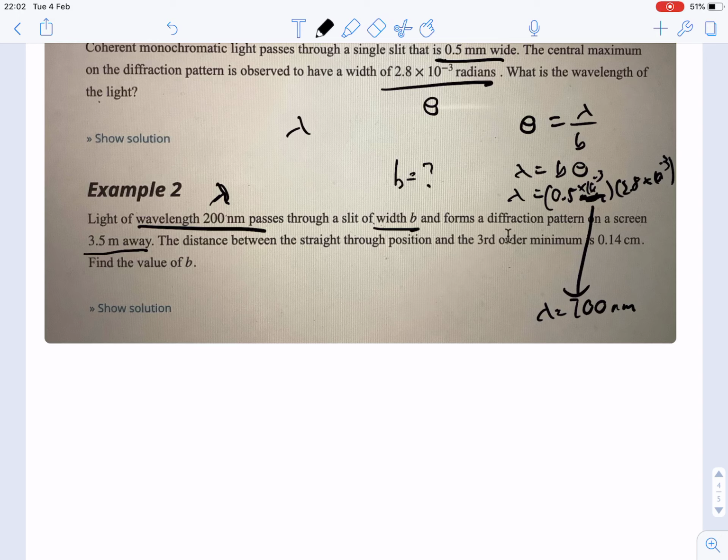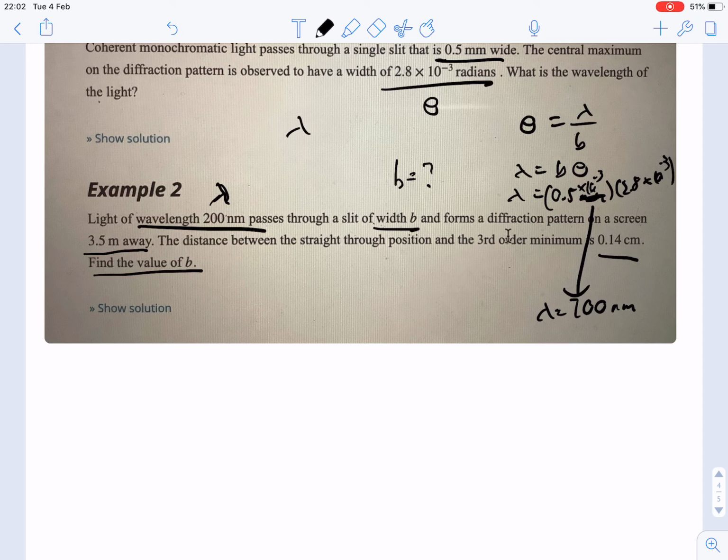There's a little bit more information here, maybe to throw us off. The distance between the straight through position and the third order minima is 0.14 centimeters. Find the value of b.